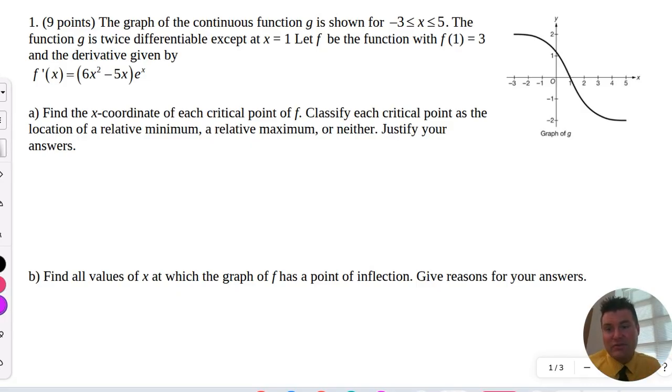Find the x-coordinate of each critical point of f. Classify each critical point as the location of a relative minimum, relative maximum, or neither. So we just care about the x-coordinates. What's really nice is we already have the derivative, so all we need to do is factor out an x.